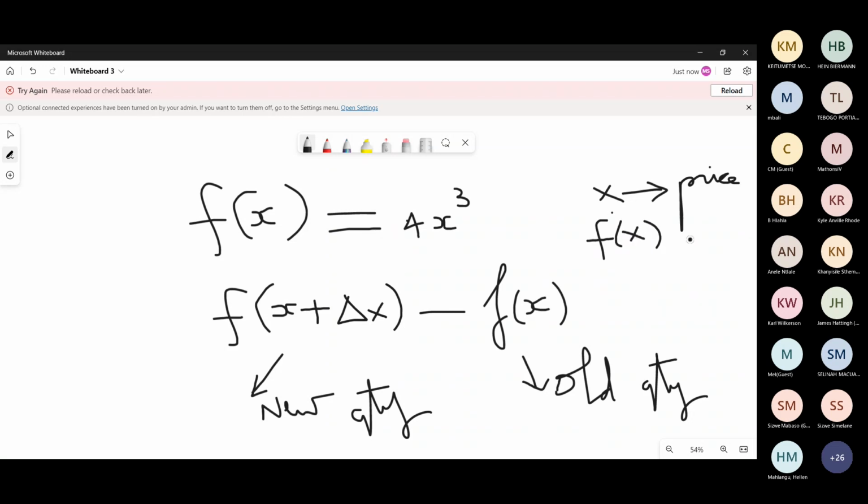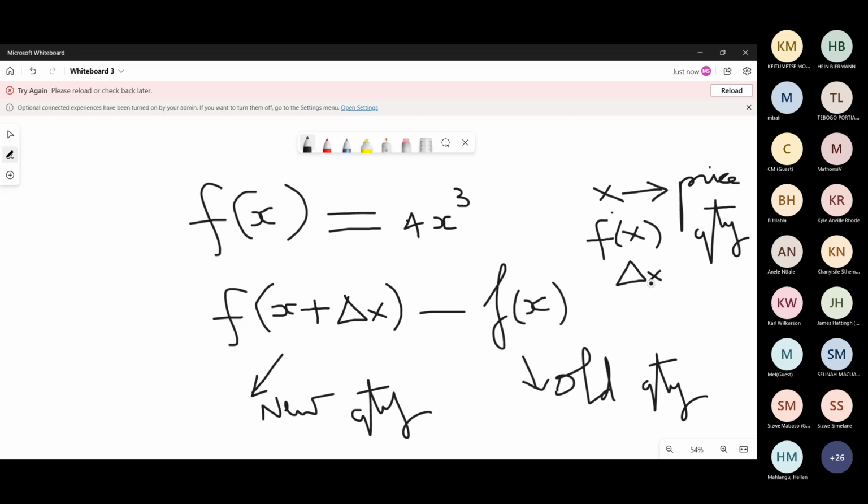Then this delta x is the change in price, the variation in price. Like the price of petrol, the price has gone up. There is a small change, right? This is the change in the price.